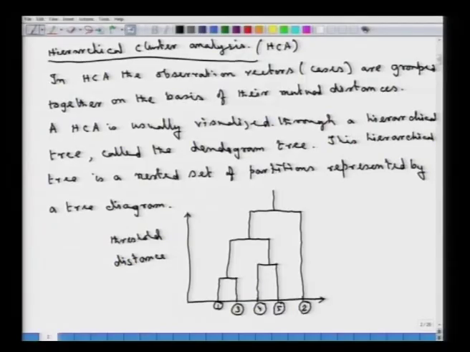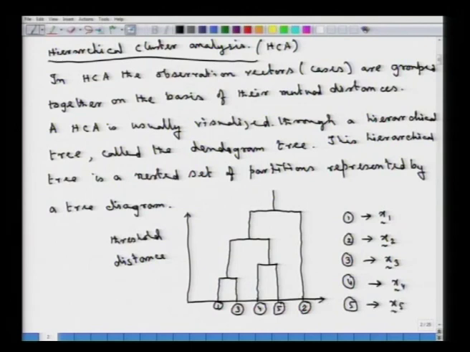All these cases are multidimensional. Suppose case number 1 has a characteristic vector x1, and case number 2 similarly has a characteristic vector x2. Similarly, all the cases have their characteristic vectors. x4 is the characteristic vector corresponding to case 5, and x5 is the characteristic vector, say a p dimensional vector.